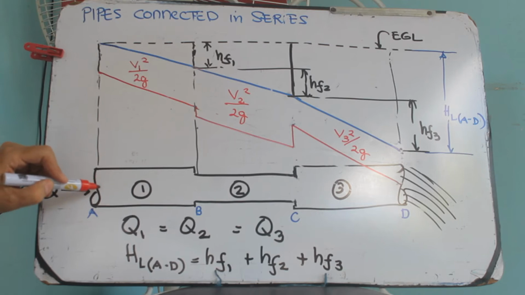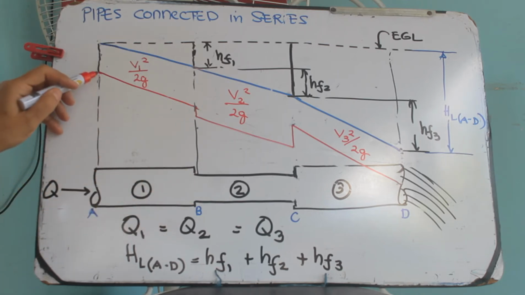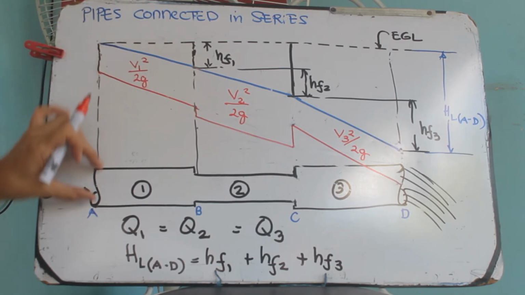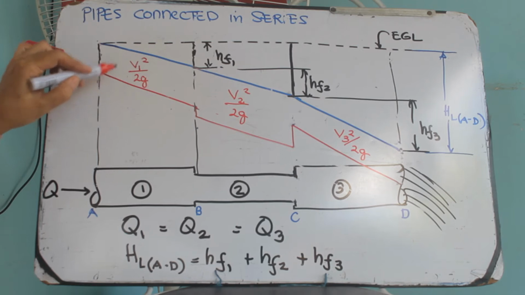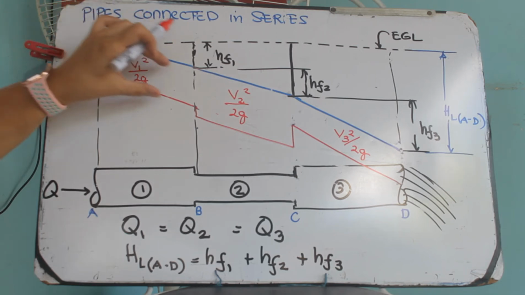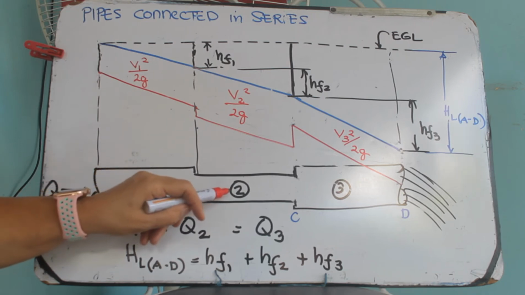So, at this section, pipe 1 has a constant cross-section, so the velocity head at pipe 1 is constant along the pipe. And then it is connected to a smaller pipe 2.